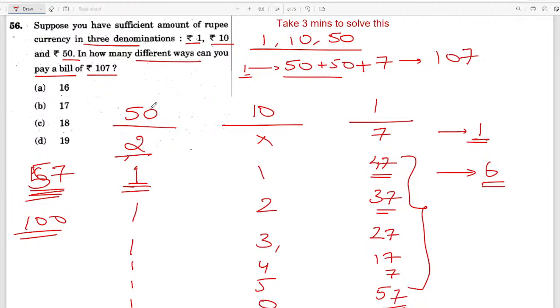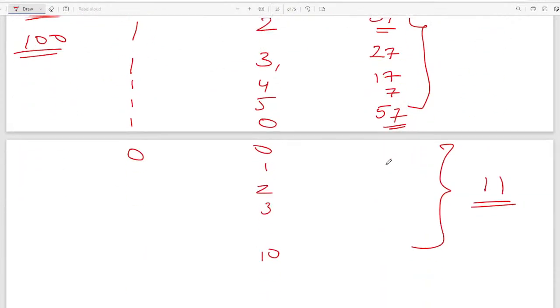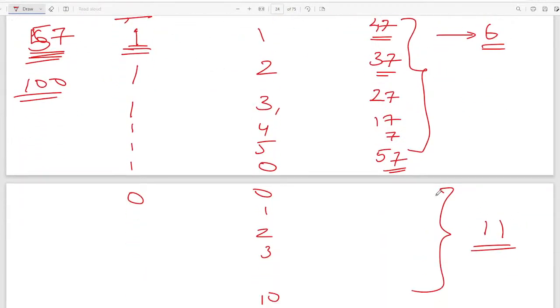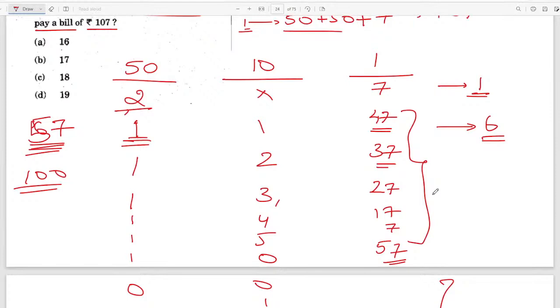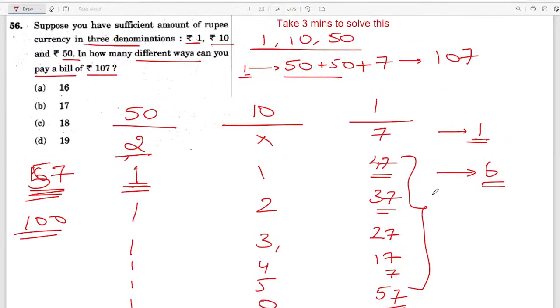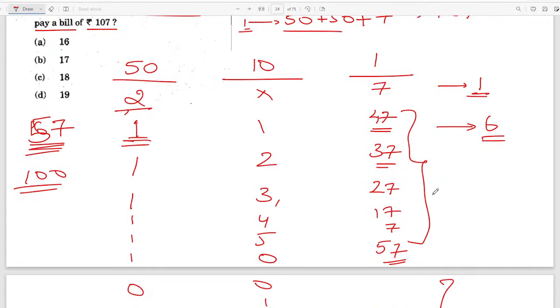I'm just saying any one of the coins you won't pay. Priyanka, please. I'm not understanding what you're trying to say.